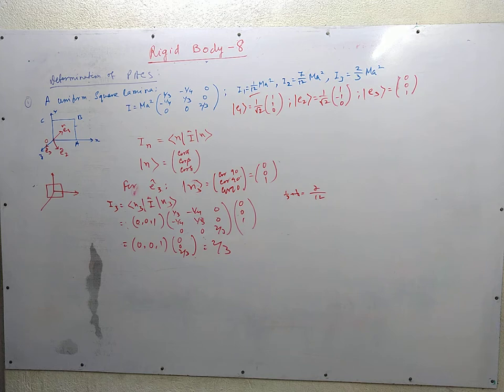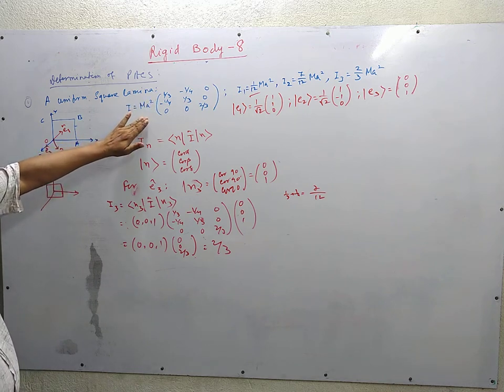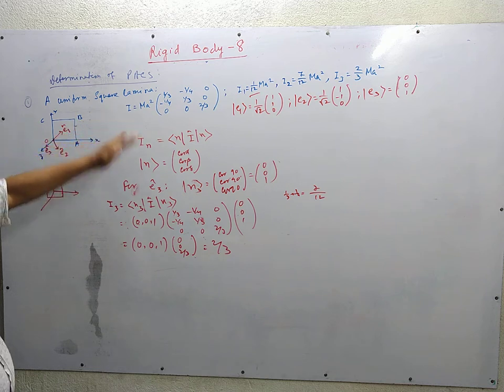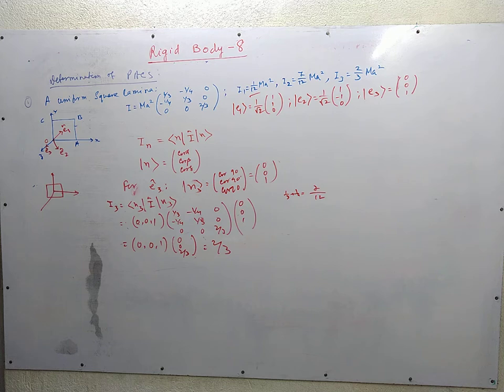The eigenvalues are the projections of this moment of inertia tensor in the respective directions, and we have developed a method which allows us to find the components of moment of inertia along the respective axes of rotation.